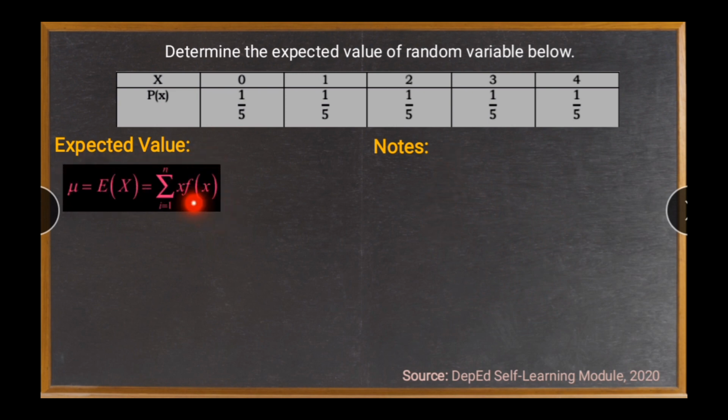We have this formula. Mean is denoted, if it's a population, mu. So mu is equal to the expected value, which is equal to the summation of x times the function, where i starts from 1 up to n.